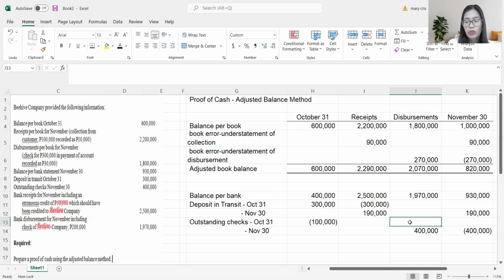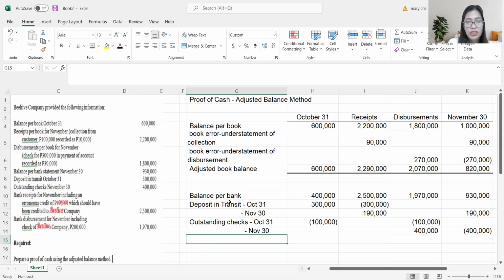Deduct natin yung 100,000 considering that, again, this 100,000 most probably, no, is included in that 1,970,000 na bank disbursement, as, of course, the bank debits.